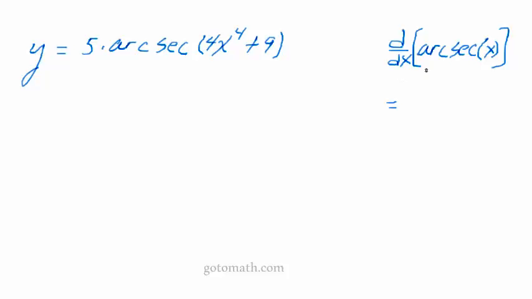So the derivative of arc secant is 1 over x times the square root of, I'm trying to remember, x squared minus 1. That's something you needed to commit to memory.